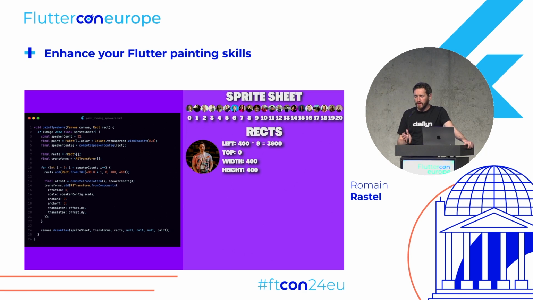Then we need to tell Flutter where we want to put them on the screen. So we have to use a list of RSTransform objects. An RSTransform object just carries the position, so it will be at translateX and translateY.